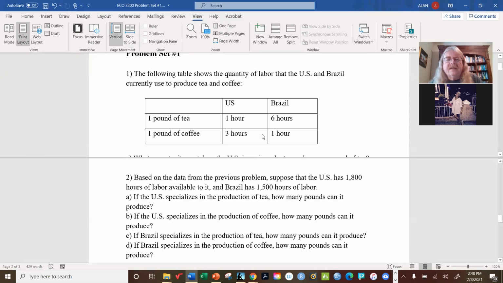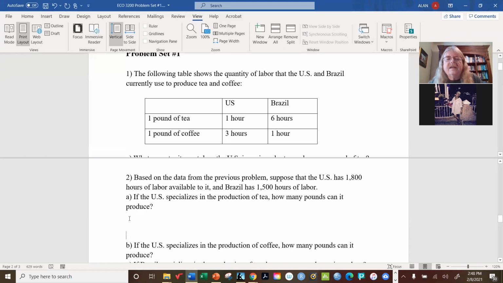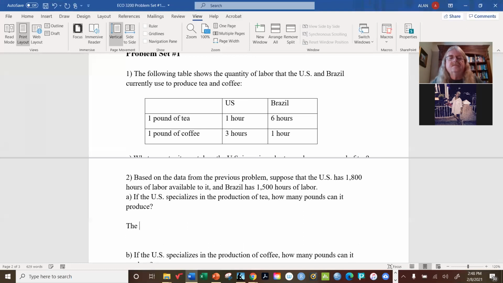So if we only make tea, and it only takes an hour to make tea, that means the US can produce 1,800 hours of labor over 1 hour per pound of tea. That translates into 1,800 pounds of tea.